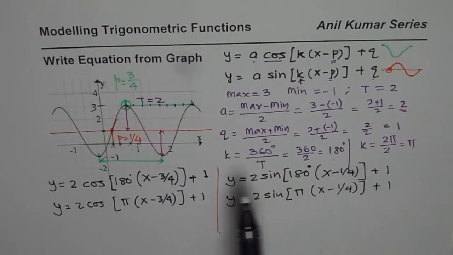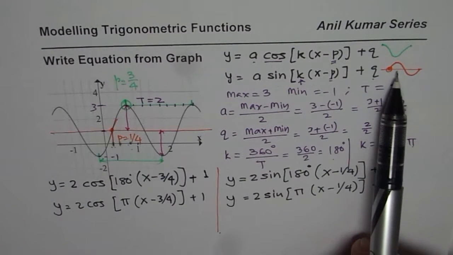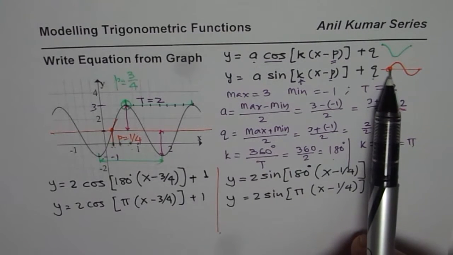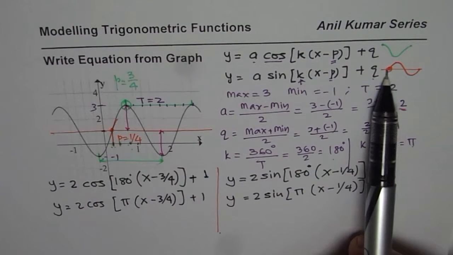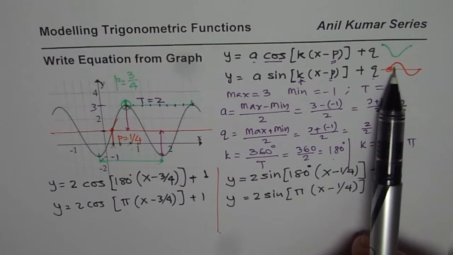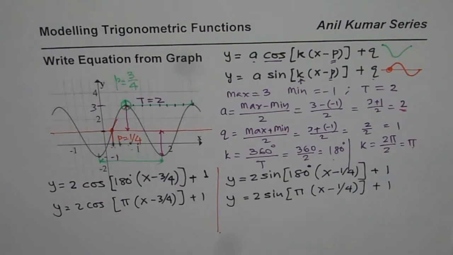Once you get that, then check for the cosine and the sine function. Starting point for cosine should be a maximum. Starting point for sine is a value on the axis rising up, right? So find the axis rising up, not rising down, not this point. That will be a negative sign. Be careful. And then substitute the values in the general equation to get both the correct equations.